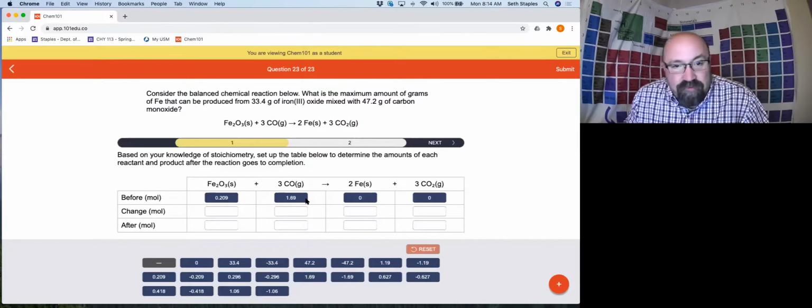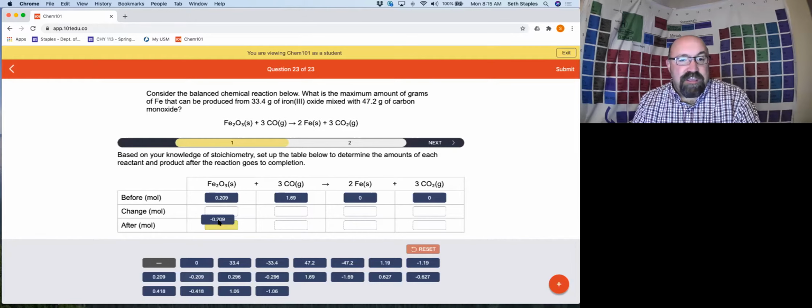We have a ratio right now of 1 iron 3 oxide to every 8 carbon monoxides. We need a 1 to 3. And so we need 1 iron 3 oxide to every 3 carbon monoxide, and we don't have that. And so we can see again that iron 3 oxide has to be our limiting factor.